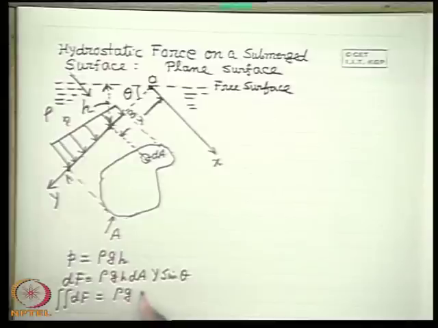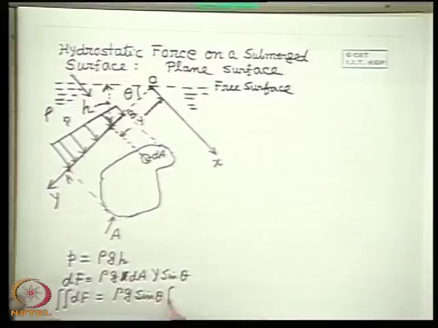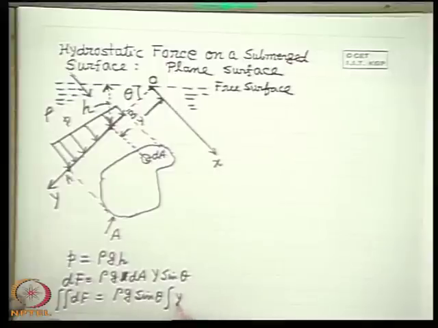Why not take out rho g sin theta? Sorry, H will not be there in this case, since rho g H is rho g y sin theta. So we get rho g sin theta times the integral of y dA. I think this is clear.